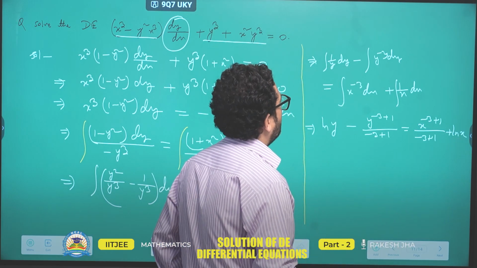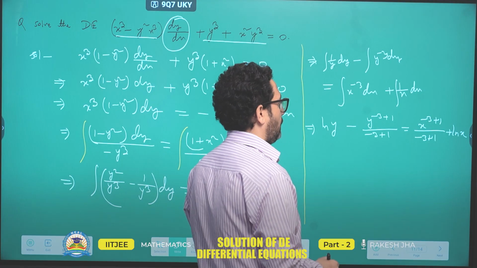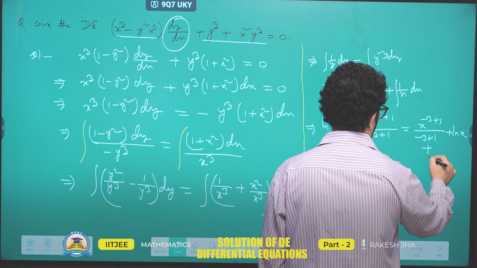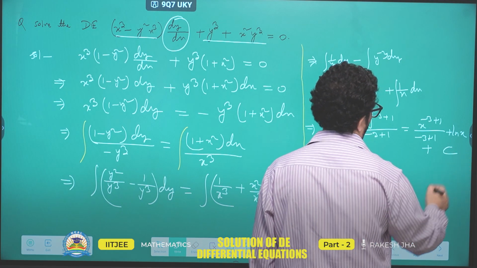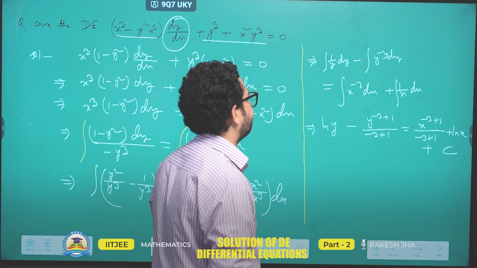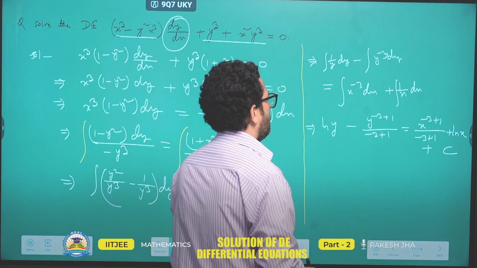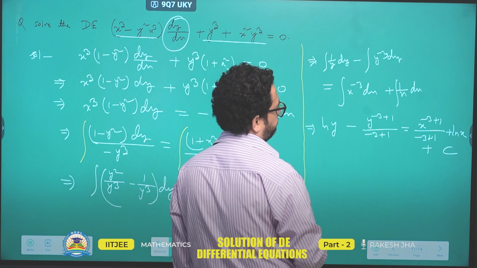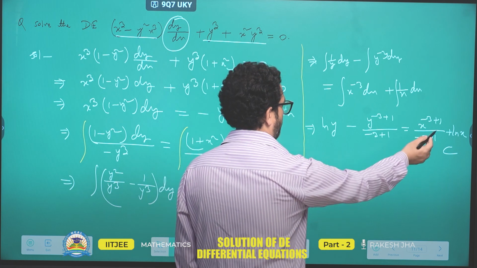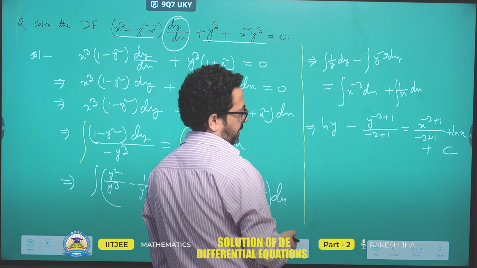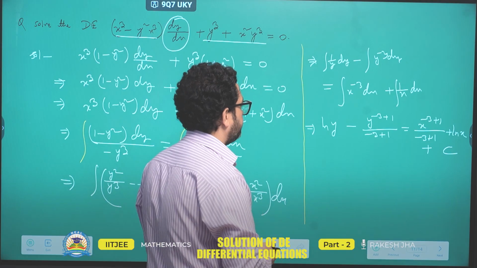And here we can write C also, where C is the constant of integration. Now what will happen? If you want, we can take the log on this side, both the logs together.